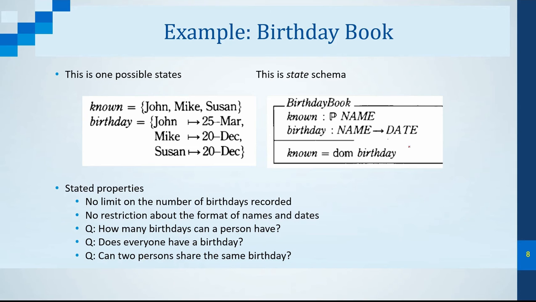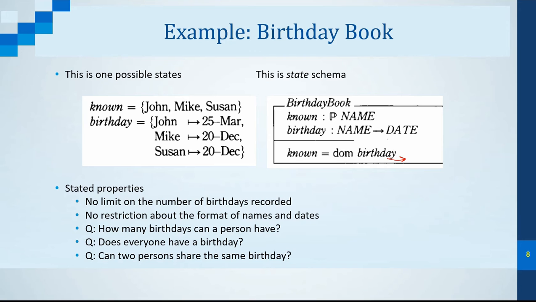So anything related to a limitation or restriction, we can add in this place. Here, as we say, there is no limit on the number of birthday records, and no restriction on the format of the names and the dates. We don't care how they look.